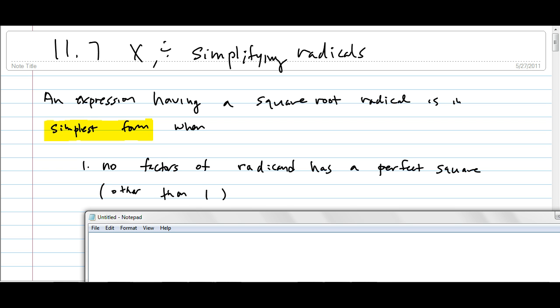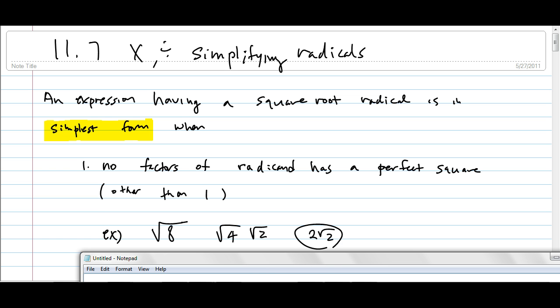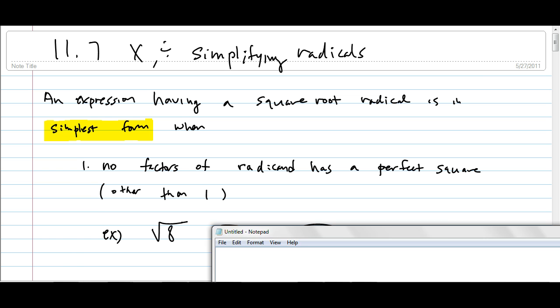The factors inside the radicand have to be in simplest form. It can't be a perfect square. Yeah. So like this, right? Square root of 8. Is this simplified?